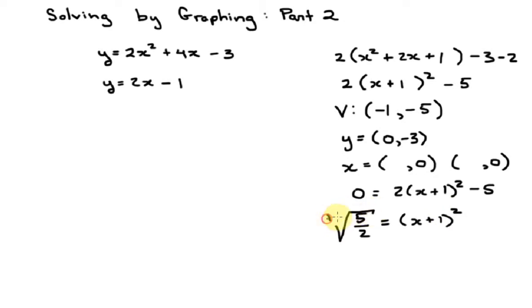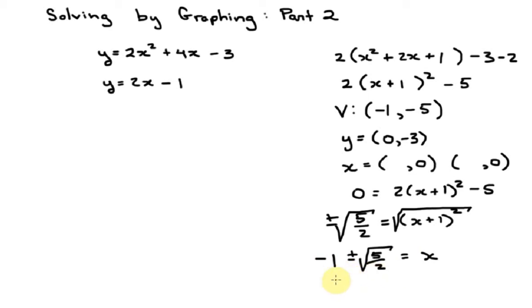This will be plus or minus, and that's going to get rid of the squaring over here. So I'm going to have plus or minus the square root of 5 halves, and that's going to equal x plus 1. Now I'm going to save myself a little trouble and just bring that 1 to this side. So these are my x-intercepts. I just got to work them out.